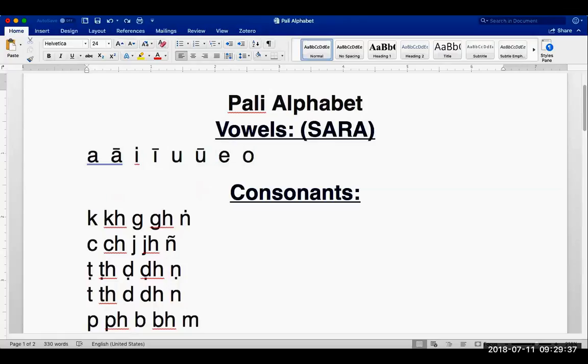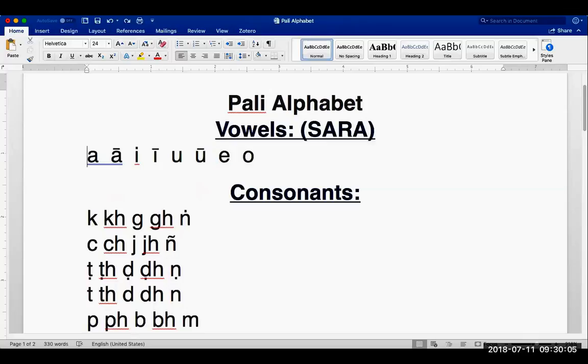You see the first one is without a diacritical mark, and when it comes to long ā, there is a diacritical mark on the top. So a, i, and u are actually short vowels, and ā, ī, and ū you see as long vowels.